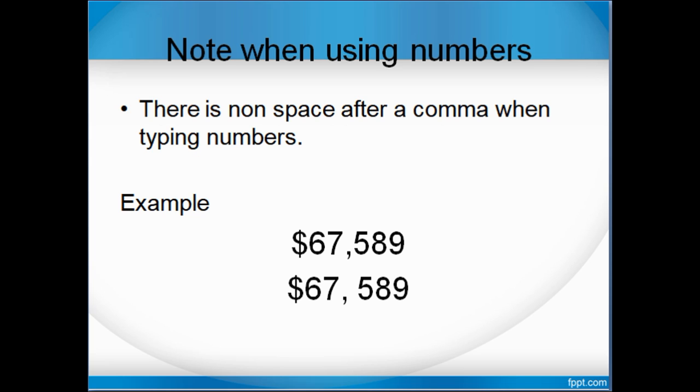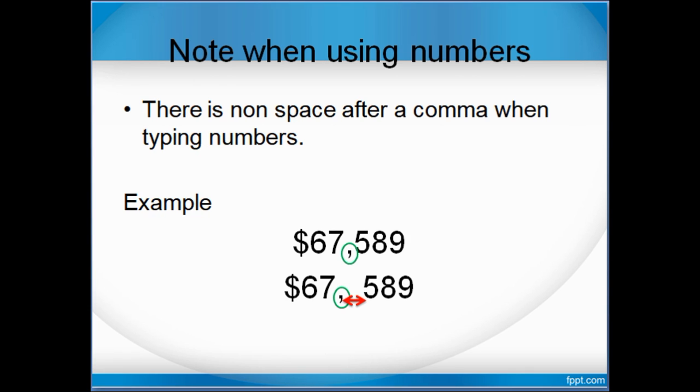We put a comma after every three digits, counting from our right side. So we have 1, 2, 3. After the 5, we place a comma, then we write 7 and 6. And we leave no space when we place that comma there.